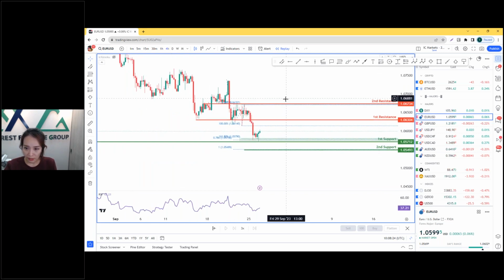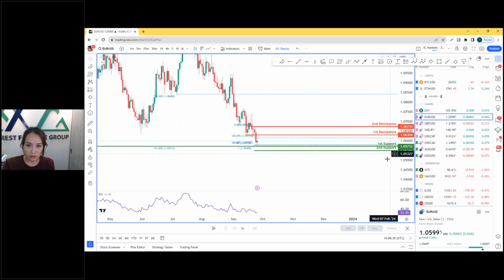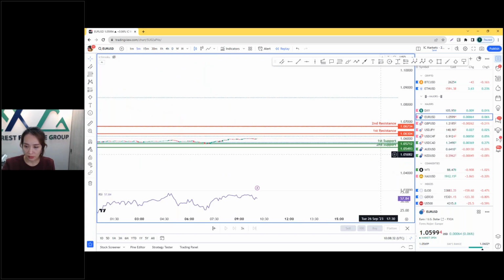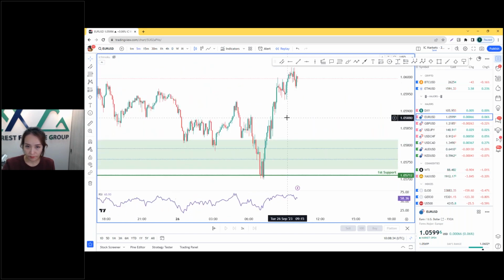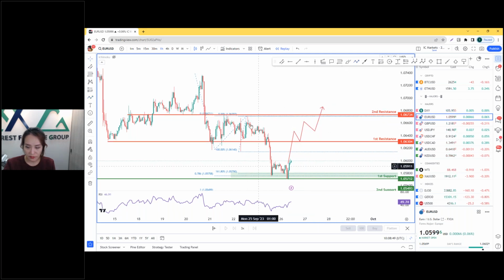If price will change the momentum from downtrend to uptrend, first they need to break the first resistance here. If they break this like that, it becomes an uptrend, from downtrend to uptrend, or they make a lower high and higher high.